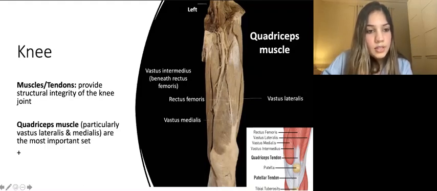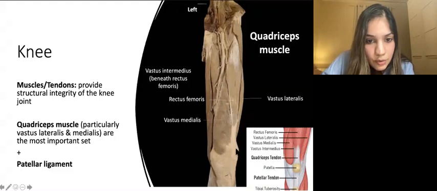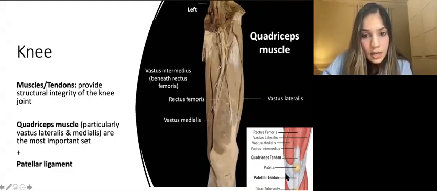The most important are the vastus lateralis and medialis, which contribute to joint stability. And you also have the patellar ligament. If we say this is the patella, this would be the patellar ligament, just over here.